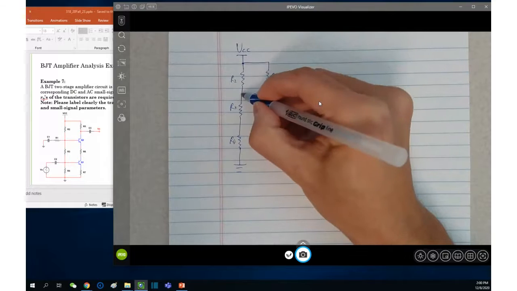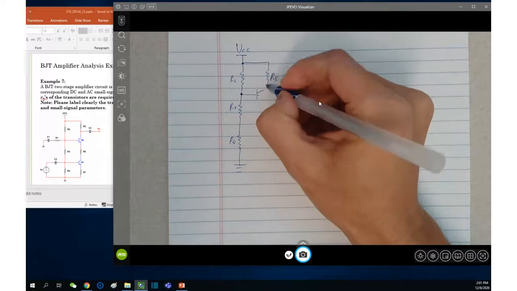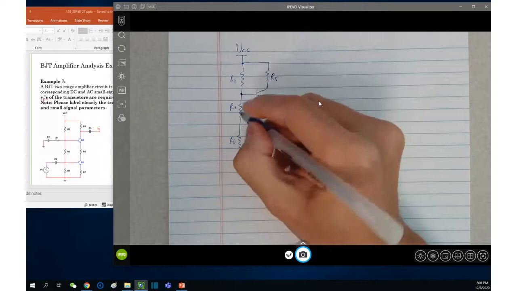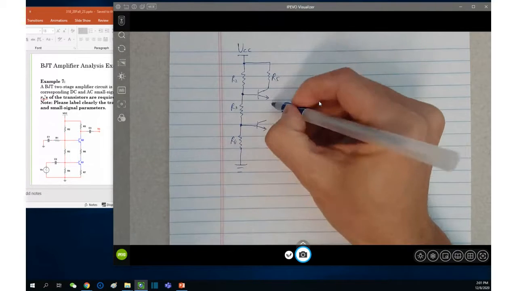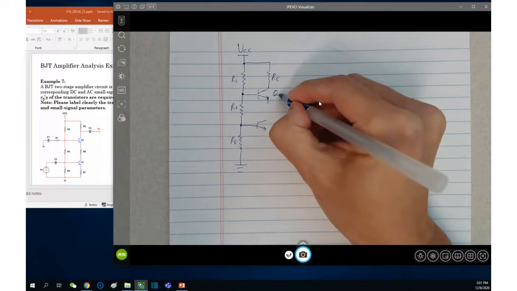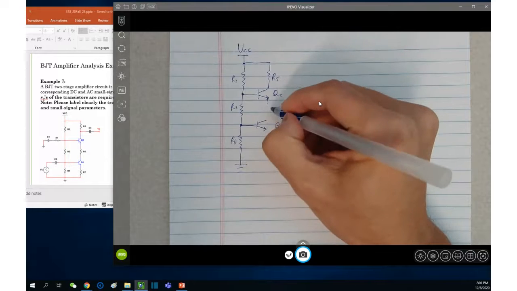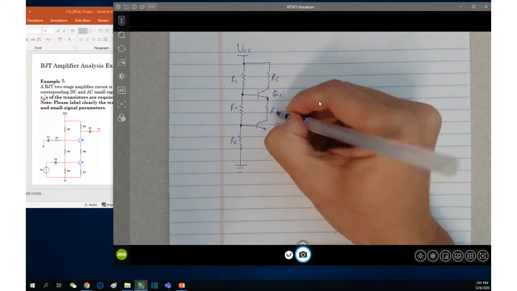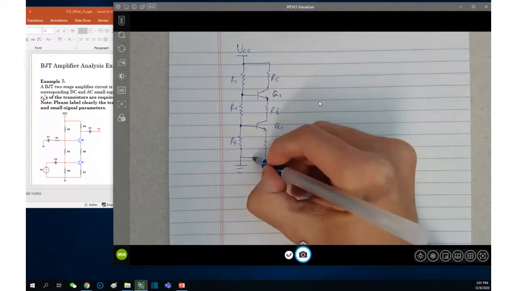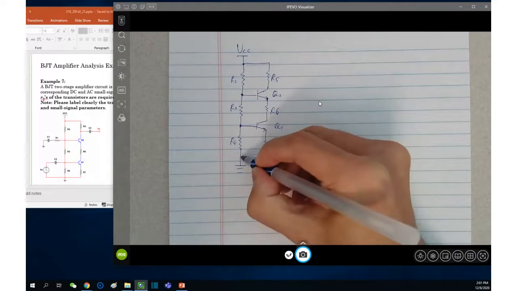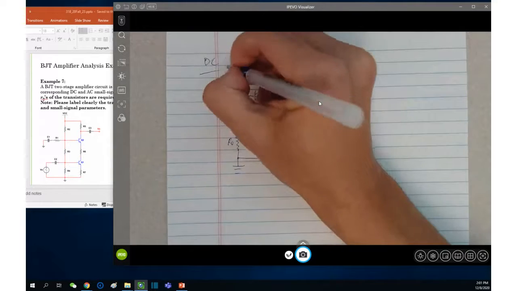Between R2 and R3, we have the base of Q2. Between R3 and R4, we have the base of Q1. And between the emitter of Q2 and the collector of Q1, you have resistor R6. And then you have R7 as the emitter resistor for Q1. This is the DC circuit.